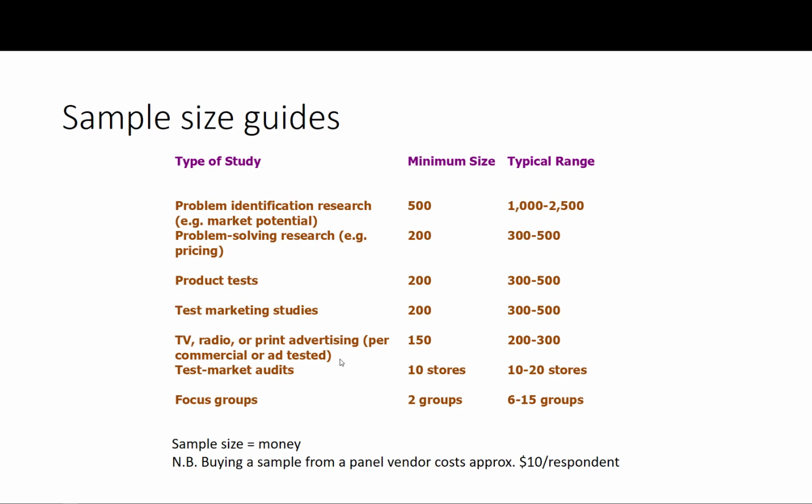Advertising effectiveness surveys, quite small, 150 to 200 to 300. Test market audits, so 10 to 20 stores. So in terms of McDonald's setting up those test markets before the follow-up surveys in the test marketing study, they'll have about 10 stores in Adelaide selling new products or potential new products.